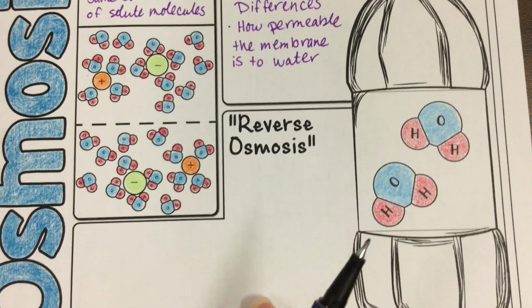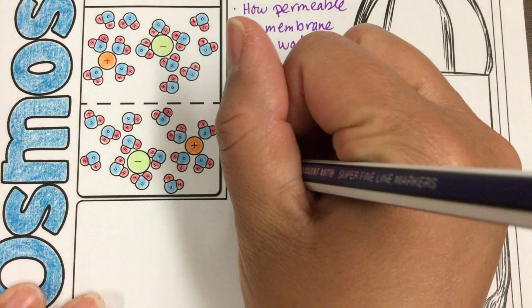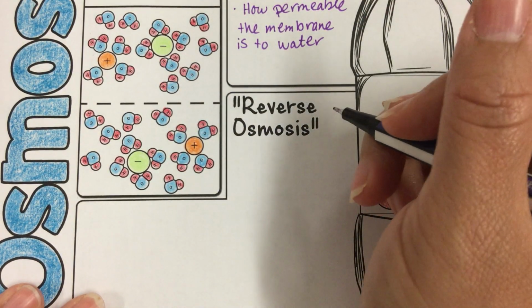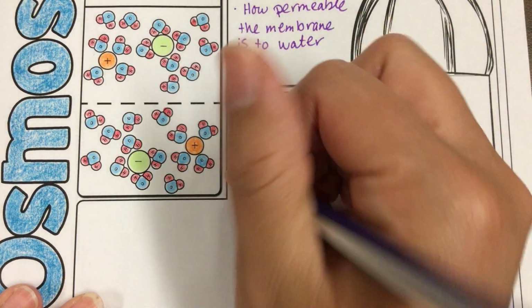So you may have heard of reverse osmosis. If you look at the back of a water bottle, most companies say that they purify their water using reverse osmosis. So essentially what that means is companies use a high-power pump to force water through a membrane. And what ends up happening is you purify the water through this.